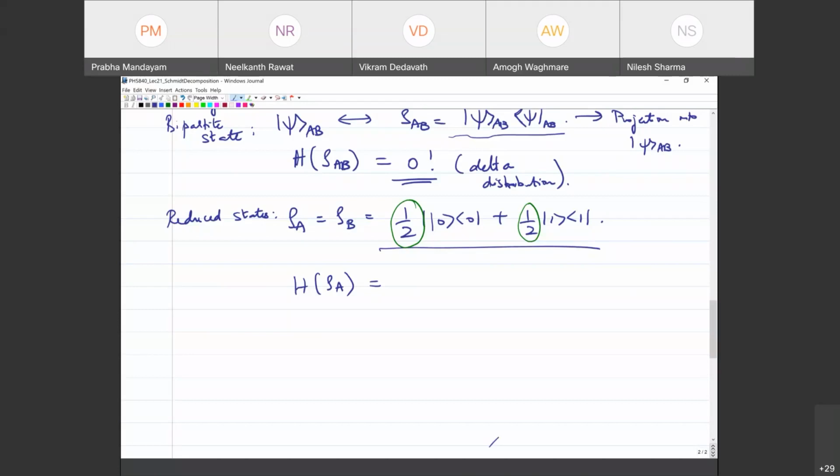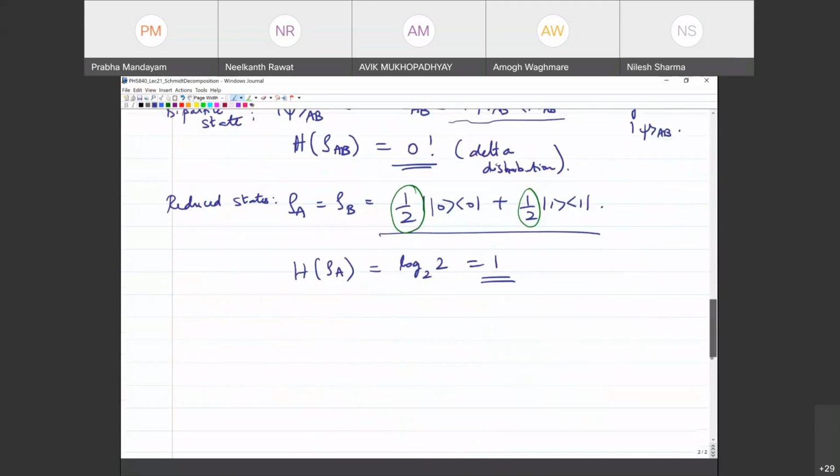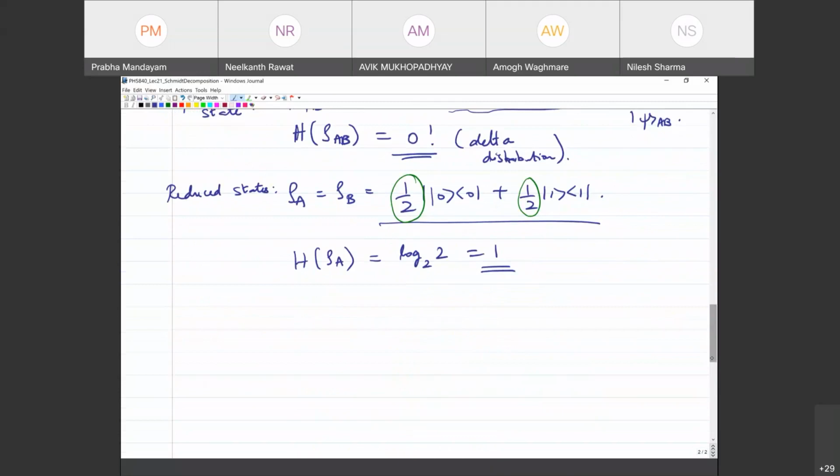So what did somebody say the answer was? Log 2, right? But what is log base 2? So 1. Yeah, exactly. So this is simply 1. Okay. So I hope everyone can evaluate this simply from this definition, right? So you see, this is in fact the maximum Shannon entropy that you can have for a qubit system, right?